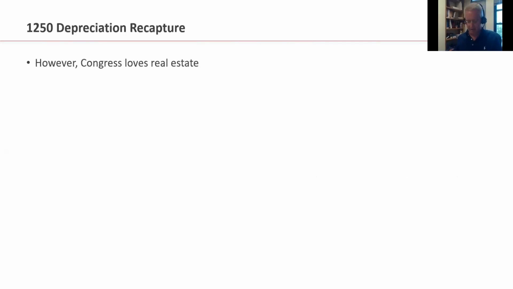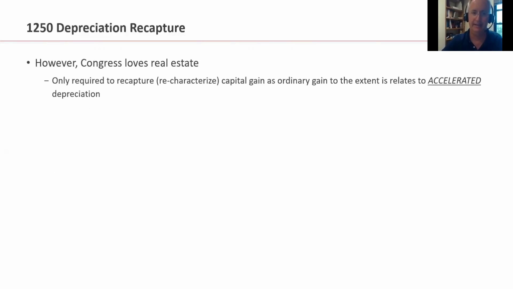So we have this thing called recapture, depreciation recapture, right? And it should function just like 1245. If I over depreciated, then I would treat it as ordinary and the gain would be ordinary. To the extent there was any true appreciation, I'd treat it as 1231 and then hopefully capital. But Congress just flat out loves real estate, right? The US tax code has been in love with real estate for a long time, and it still is.